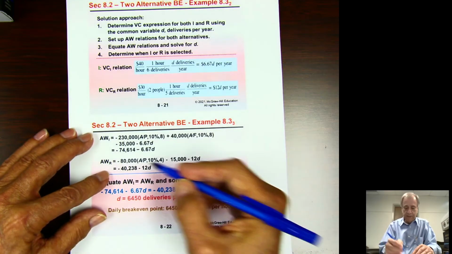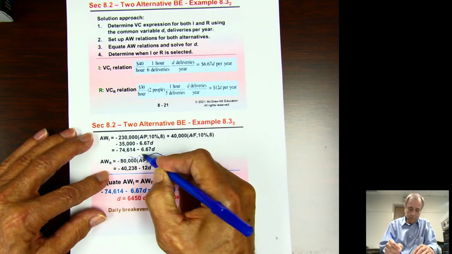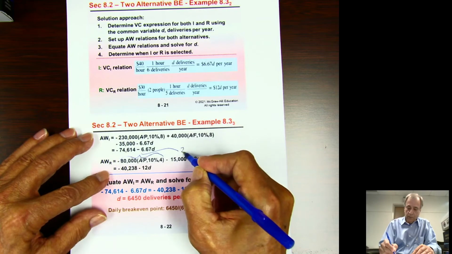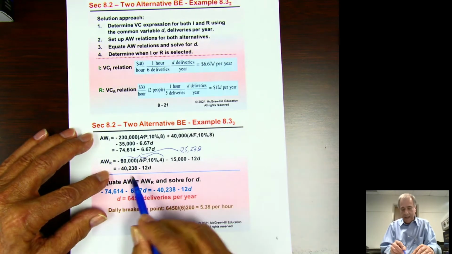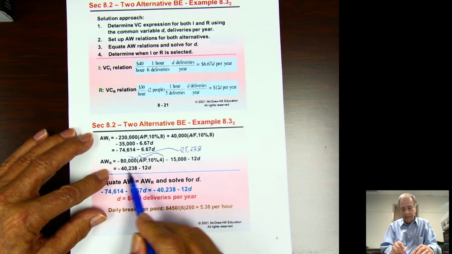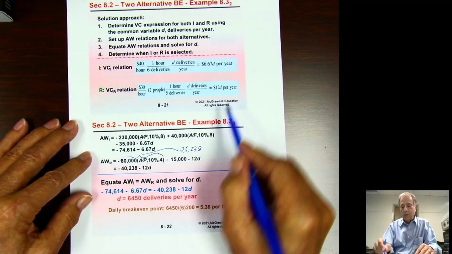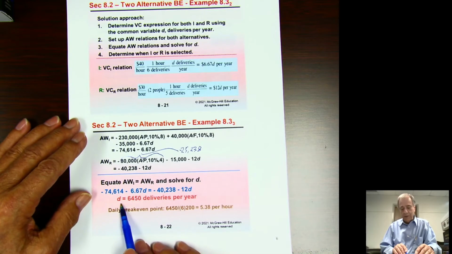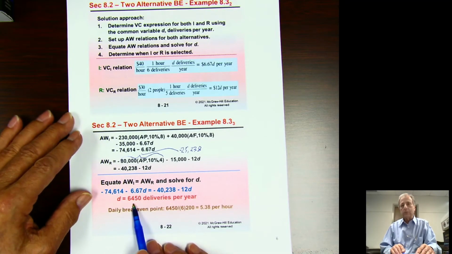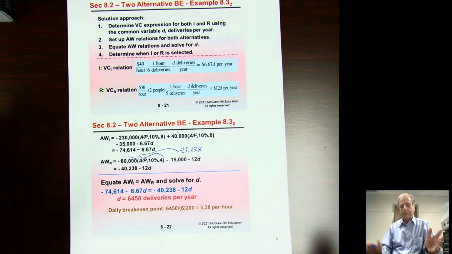So what that means is that this must be minus 25,238. When I add that to the minus 15, I get the minus 40, and then I add in the minus 12D. And so you equate those two together and you solve, and you get D equals 6,400 deliveries per year is your break-even point.